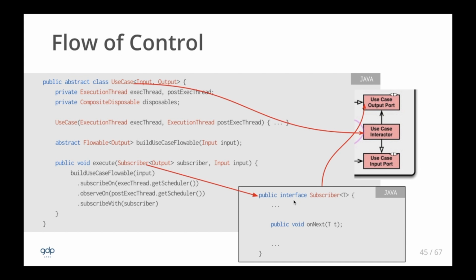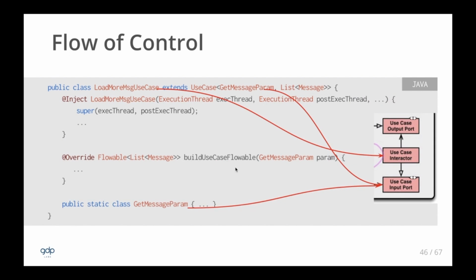For now, we only need to know that it's an interface, and this subscriber will be our output port, so this one. And the second parameter is the input.